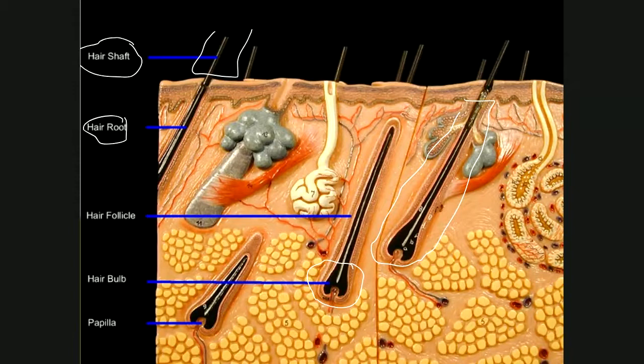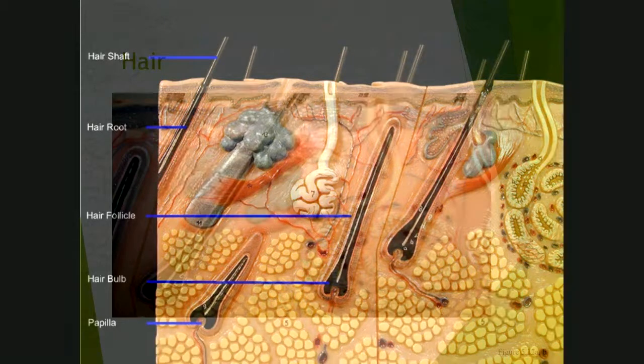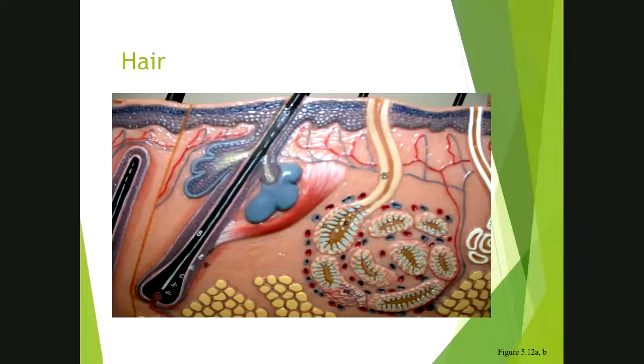And then here's this little nipple-like structure, that's the papilla. So same thing here. There's the shaft, there's the root, there's the bulb, there's the papilla, and you can see the layers here all the way through.